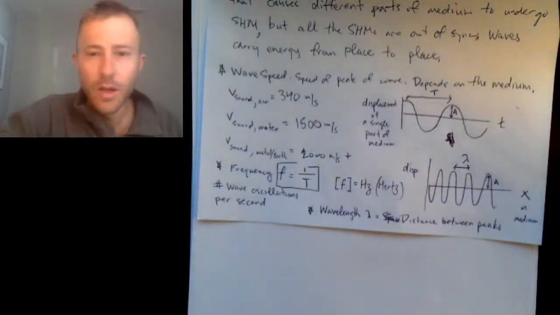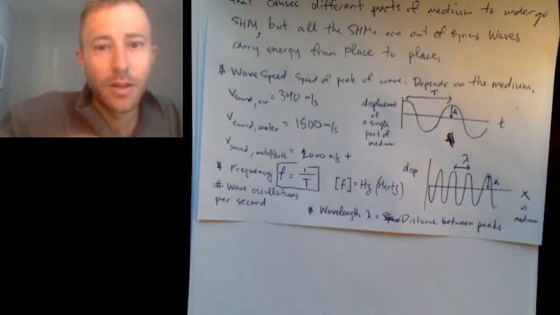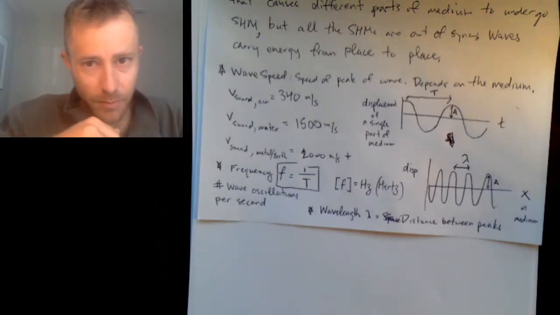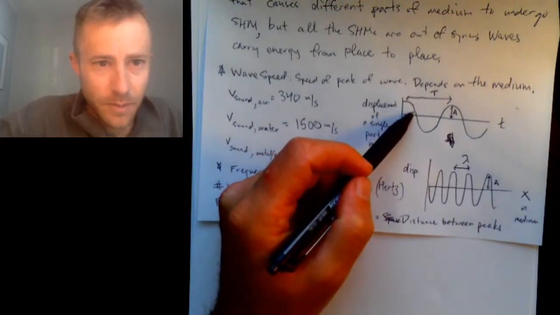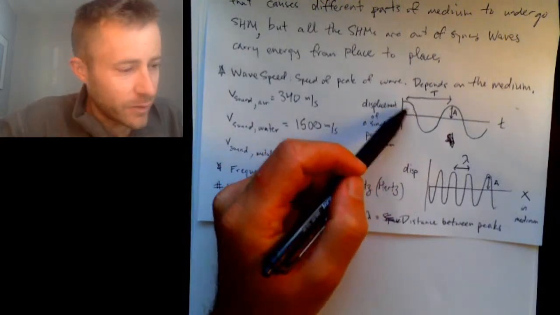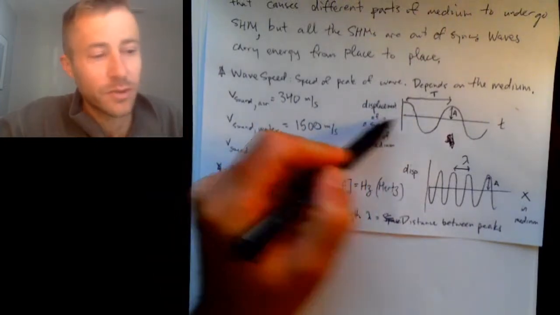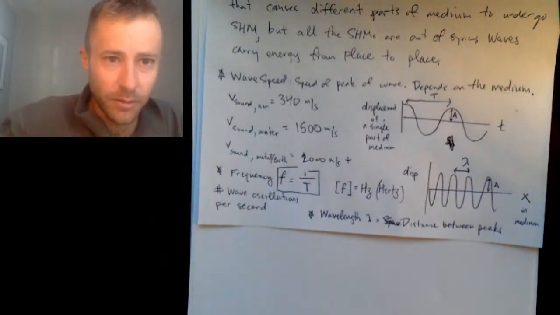All right, so the period is the time between peaks. The wavelength is the space between peaks. We can't get the wavelength from this graph because this only has displacement versus time. So if it's displacement versus time, you can get the period from that graph.